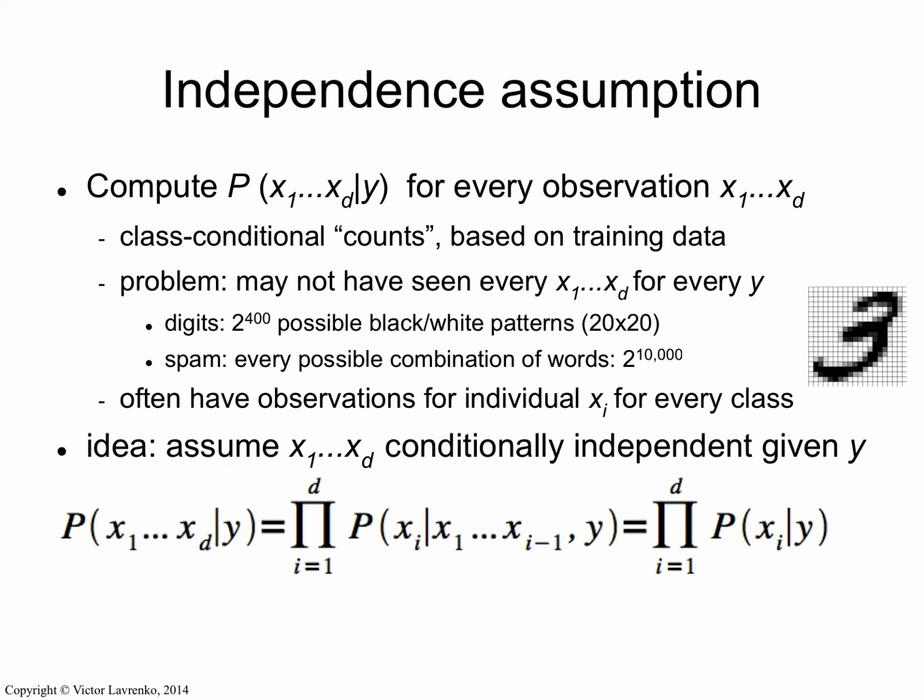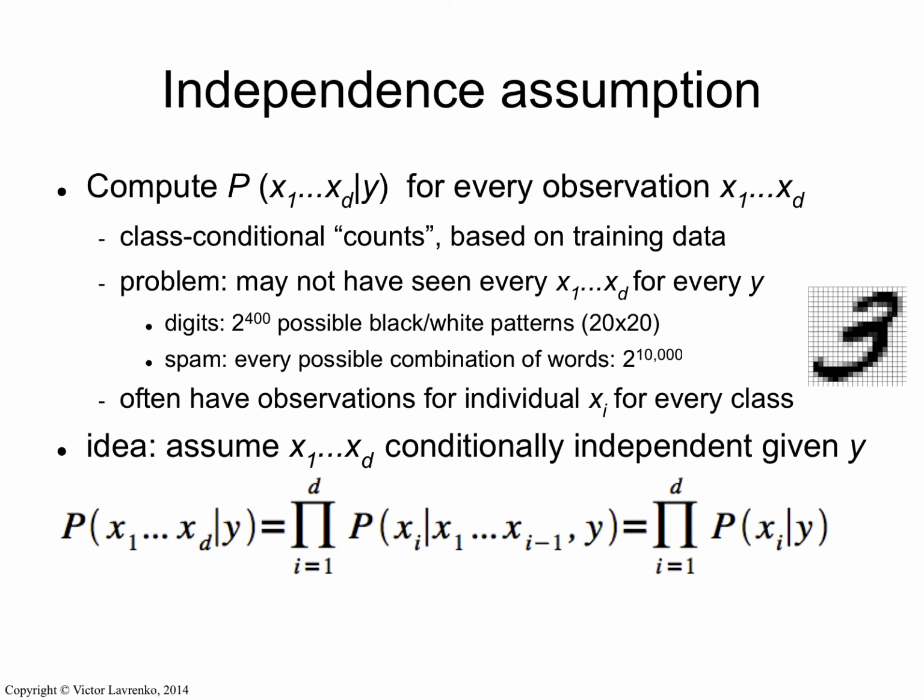So if they're independent of each other, then you can factor this joint probability, P of x1 through xd, given the class y, into a product of the marginal distributions. And that's usually done in two steps. So what you do is you have d different attributes. In terms of pixels, this would be 400 pixels here.